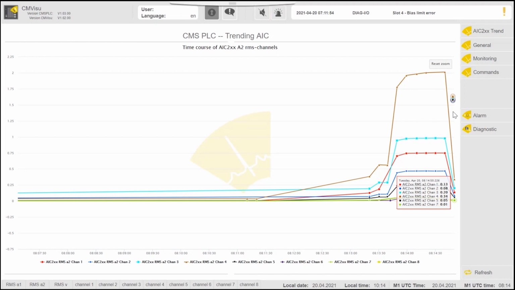We can also arrange, if there's communications possible, even if that's only when the ship's in port, it's possible to have a monitoring service where the data gets transferred back to our team at Bachmann Monitoring, who can look at the vibrations for you and give an indication of what's going on.